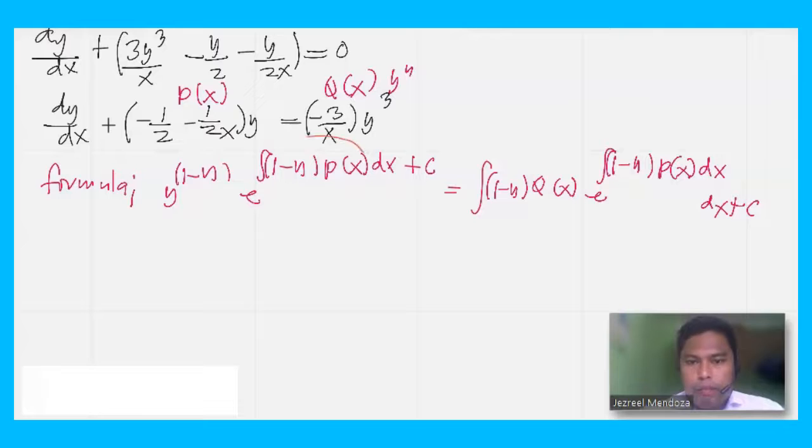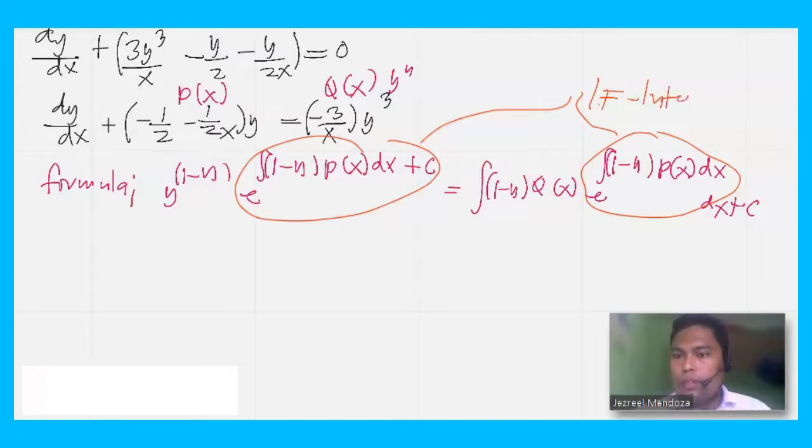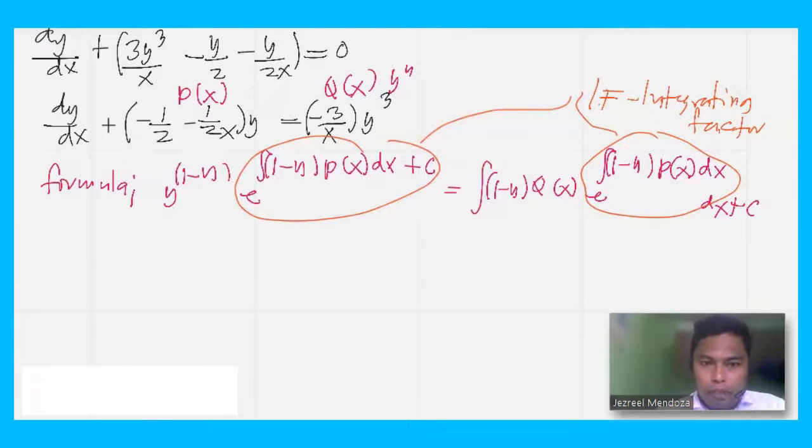Did you observe that this term is the same? Can we call it the integrating factor, IF? To do this easily, we can solve first the integrating factor by just doing this.